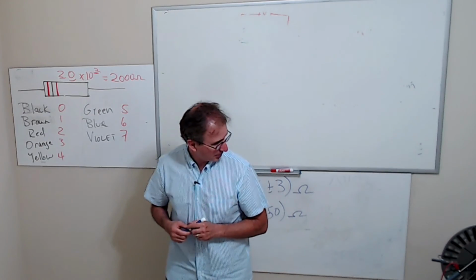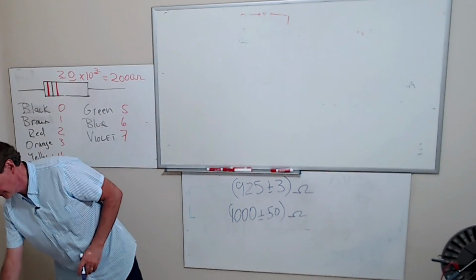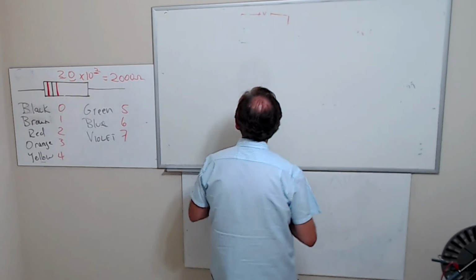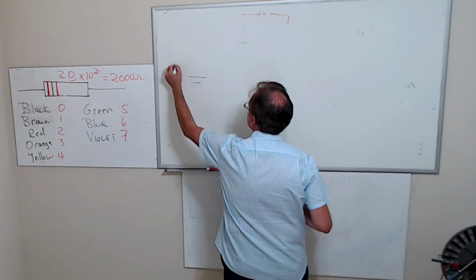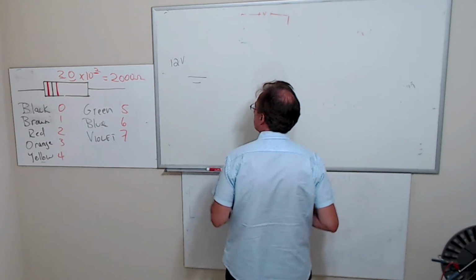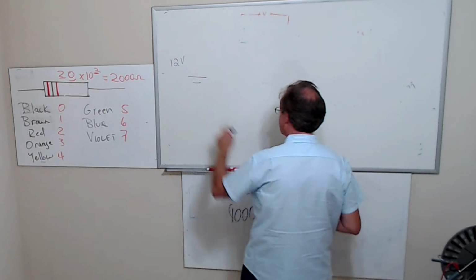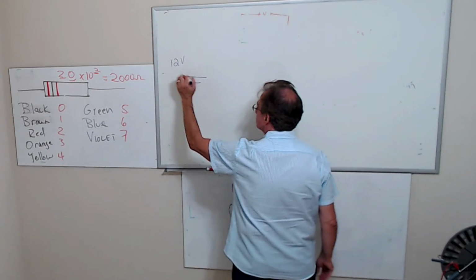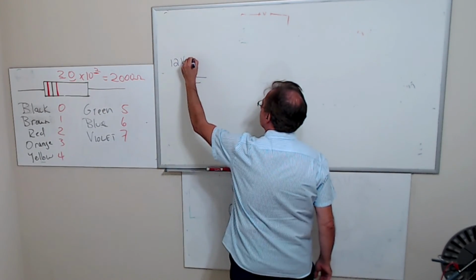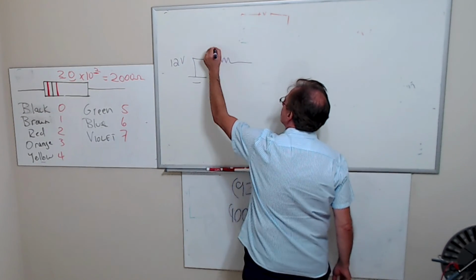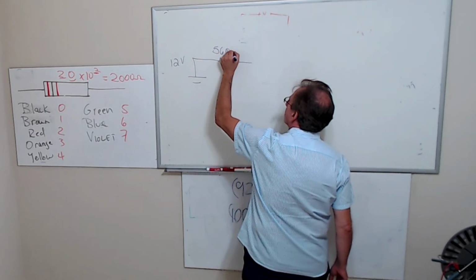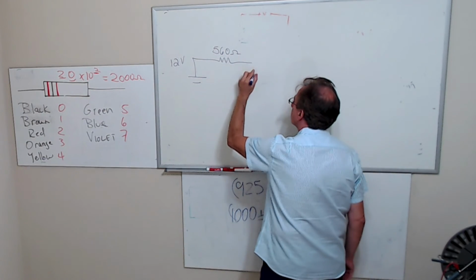I'm trying to find one of my markers. Hold on a second. Okay. So the circuit is going to look like this. You're going to have a 12 volt supply. This is going to be fixed. Okay? So in this particular one, you're going to have a fixed voltage here at least. Then you're going to have a 560 ohm resistor. The purpose of this is to limit current.